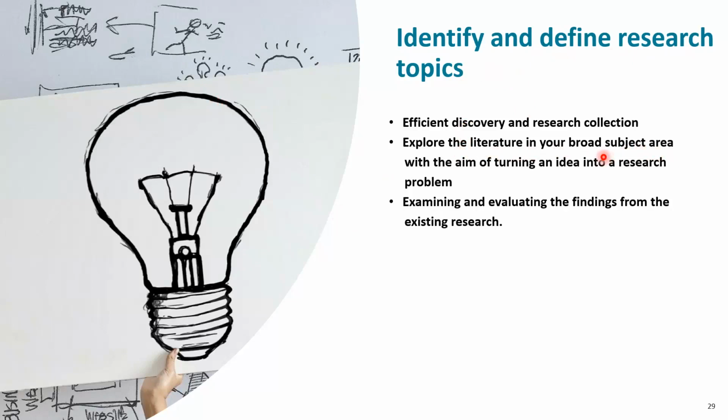If you have a very broad subject area, you can zoom into the topics being discussed and turn them into a research problem in your context. We will do that by examining and evaluating the findings from the existing research.